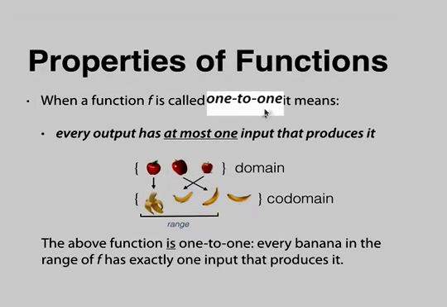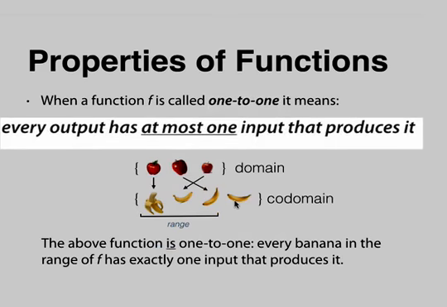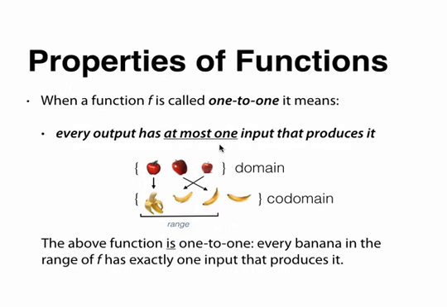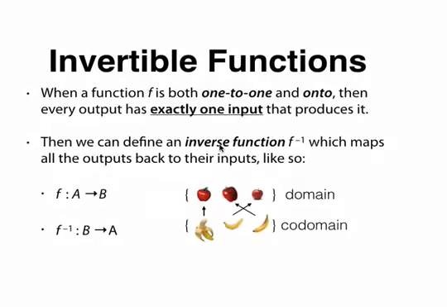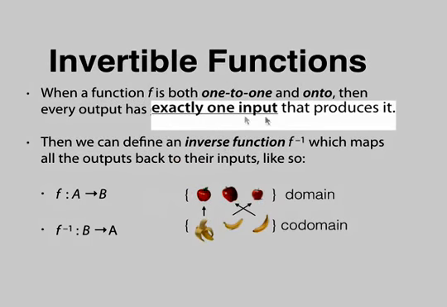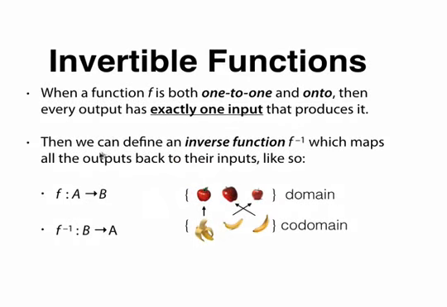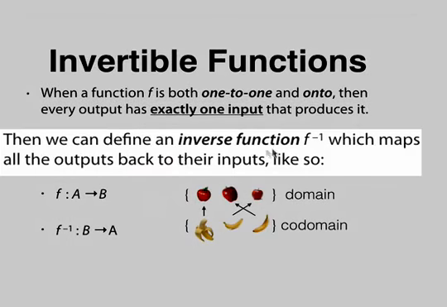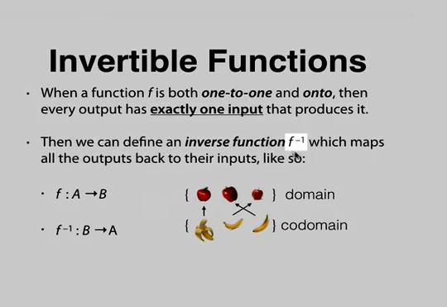And if a function is 1 to 1, it means that every output has at most one input that produces it. So every output has at least one input that produces it, and at most one input that produces it. That means every output has exactly one input that produces it. And then we can define an inverse function, which is notated thusly.